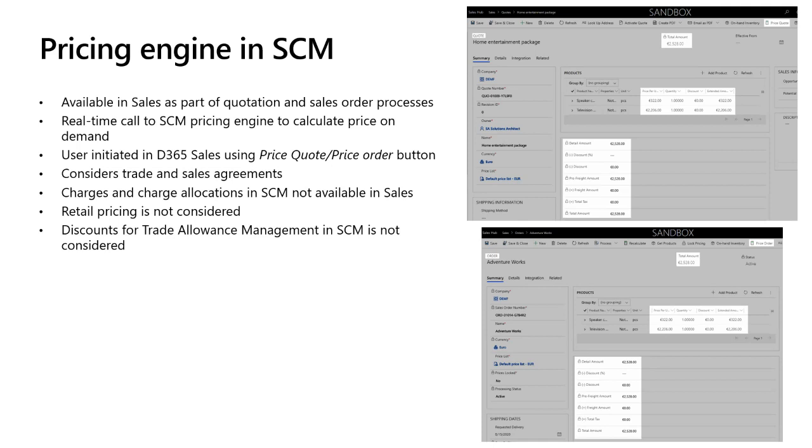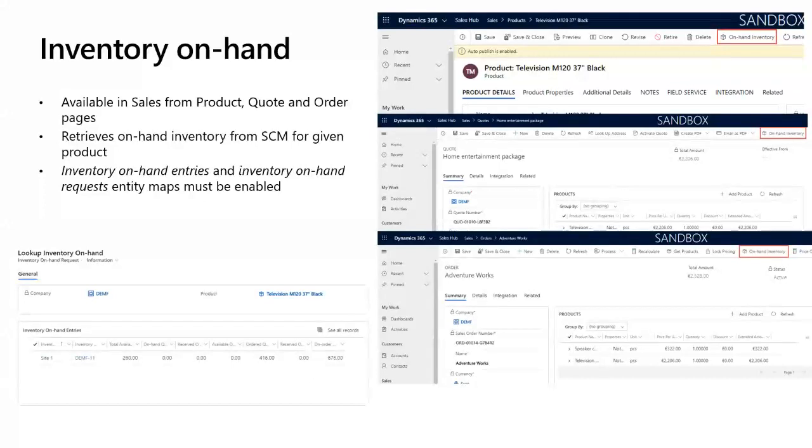Supply chain management pricing comes back and populates the various information on the order or the quotation, and we'll demonstrate this as well. There are some limitations to this at the moment, in that charges and charge allocations are not available in sales. Retail pricing has some limitations, and discounts for trade allowance management is not currently considered.